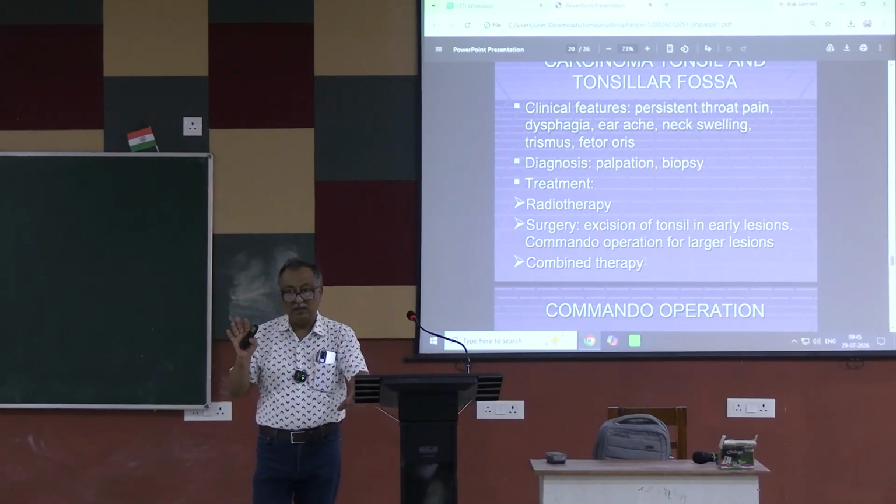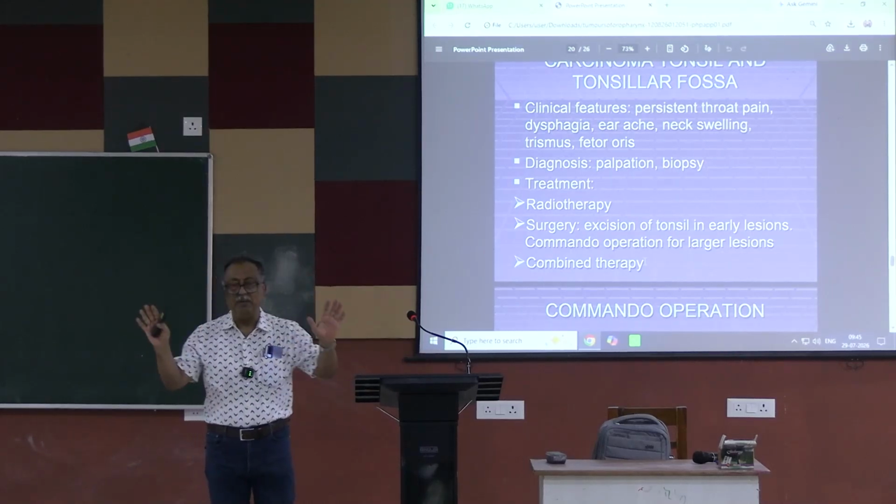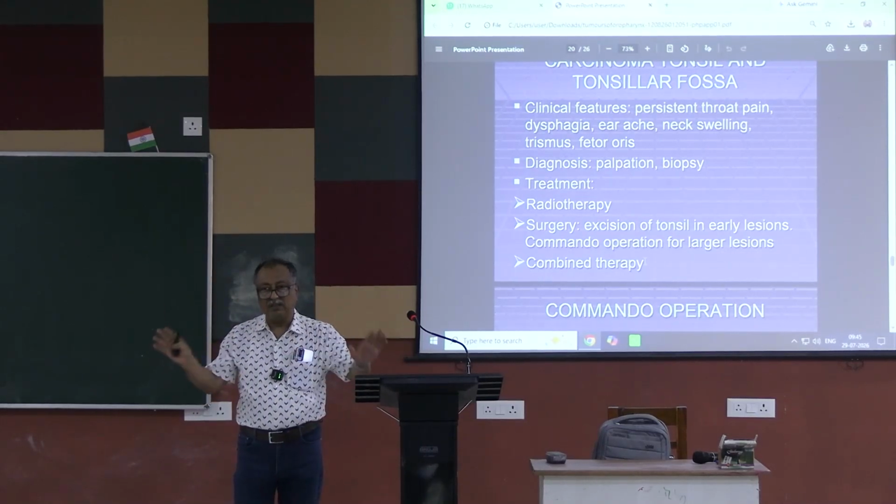excision. But in the case of a simple block dissection, we cut the facial nerve.